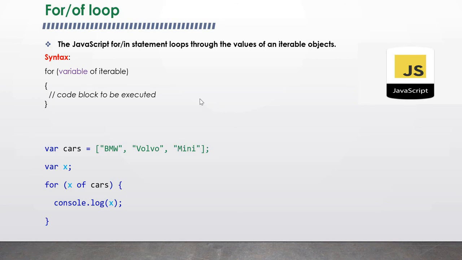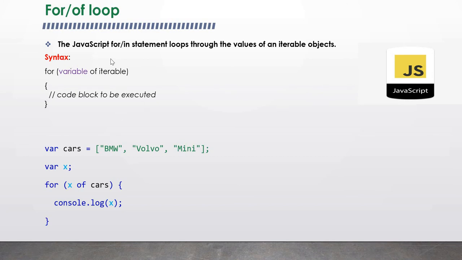So at that time you have to traverse from one index to another index, following the index to extract the value, right? Similarly a string: you can have a single line or one word, those are all strings. So you have to extract every value from that string following the index number. So at that time we can use the for of loop.